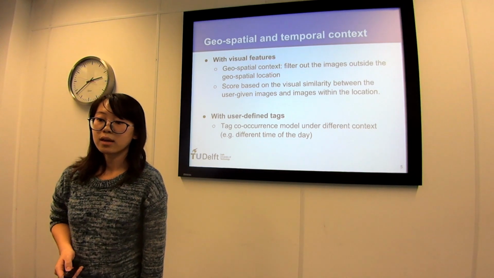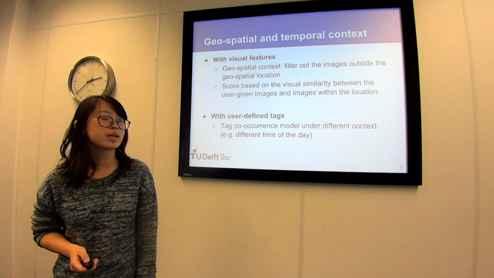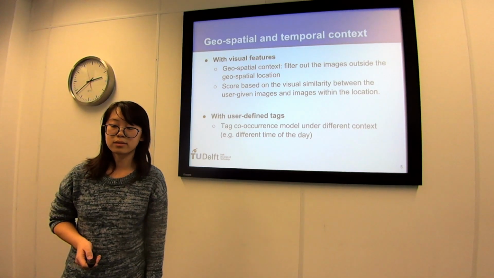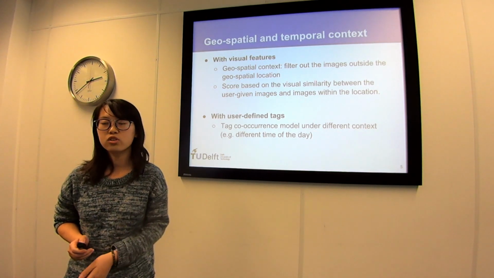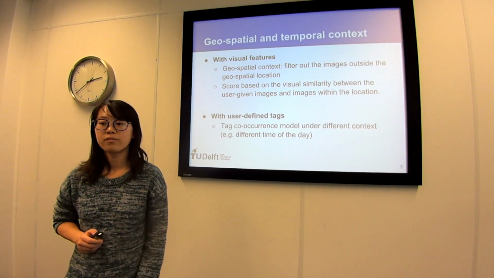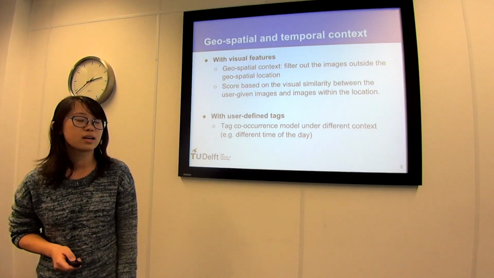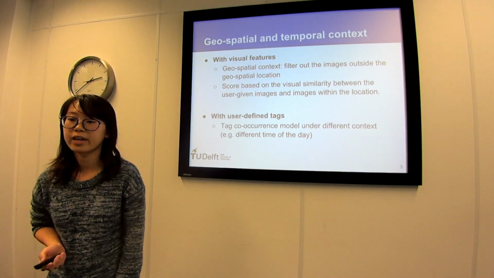In general, the geospatial context is used to filter out images outside the geospatial location. And for the potential recommended text, the score is based on the visual similarity between the user-given images and images associated with the text within the location.